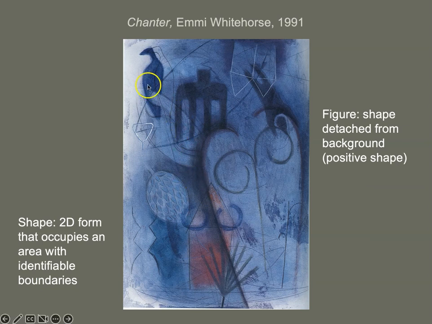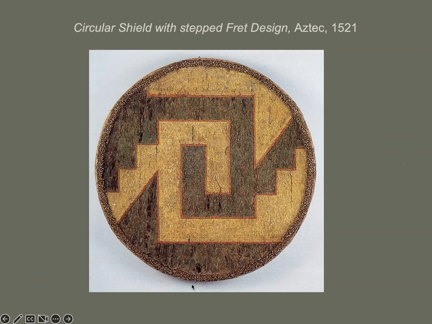So the ground here is going to be this light kind of blue that looks like it kind of takes over the background in the entire piece. And then the figure is going to be like the bird form here, the triangular shape here, the seed-like form here. Those things that stand out from the background. Hopefully that makes sense.